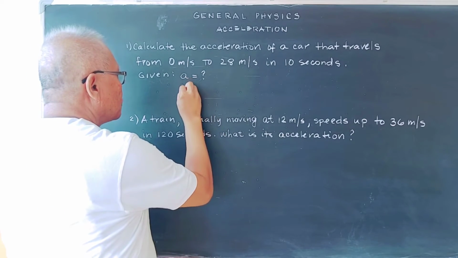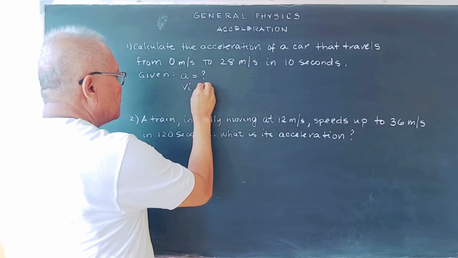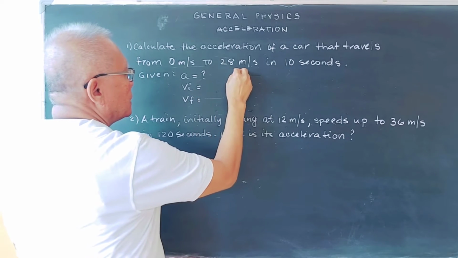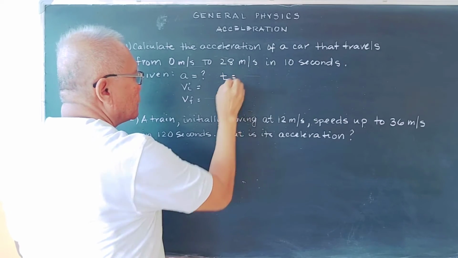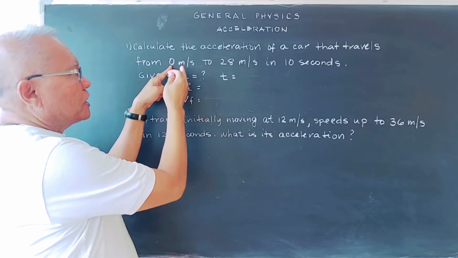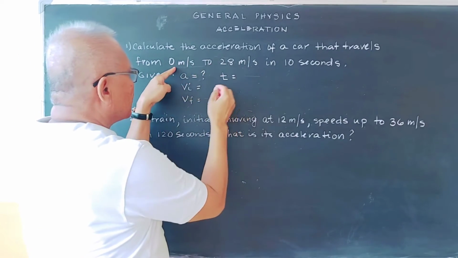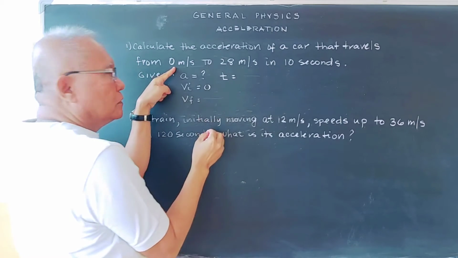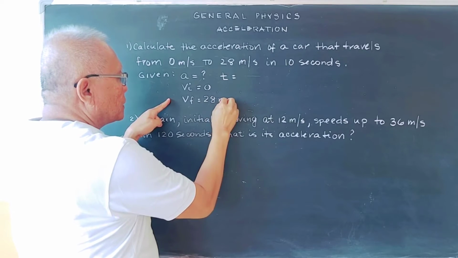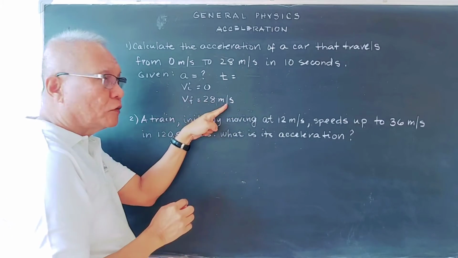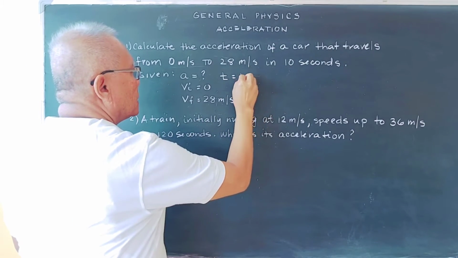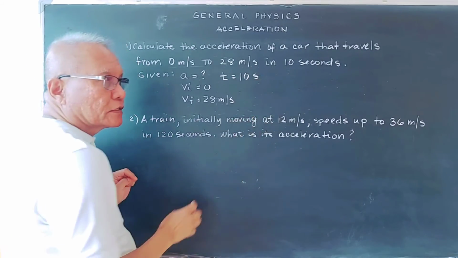Let's use VI for initial, VF for final, and T for time. From 0, this one is our initial and this one is the final. So initial is 0, and the final is 28 meter per second. Always take note of the unit. And time is 10 seconds, 10s.